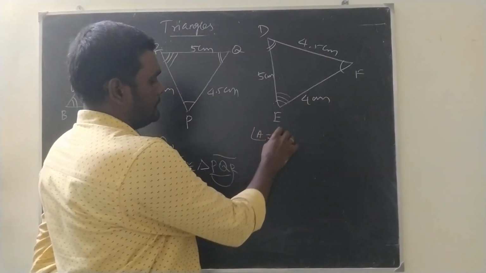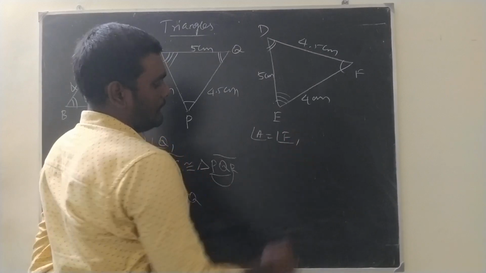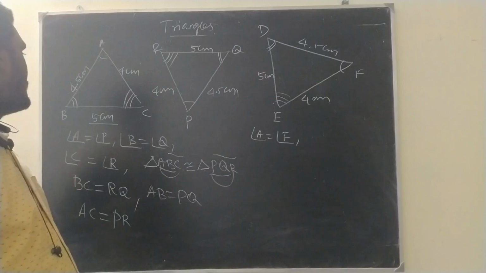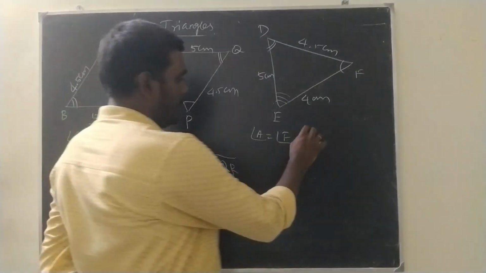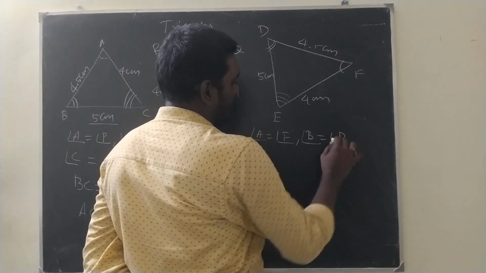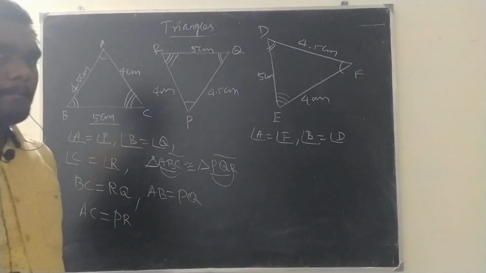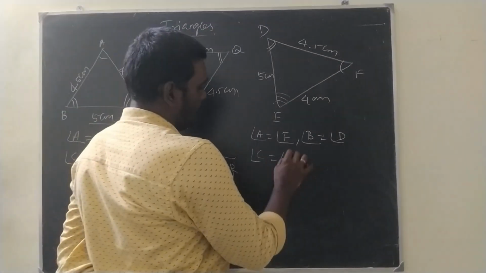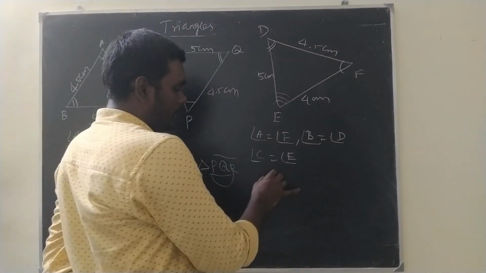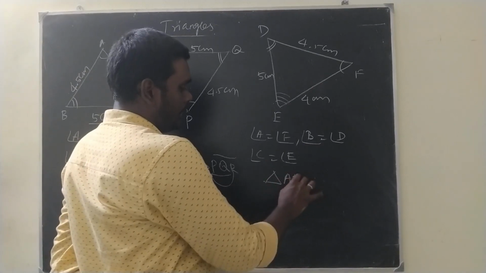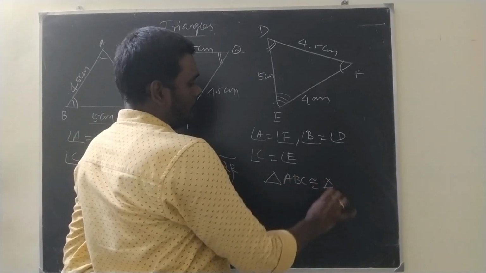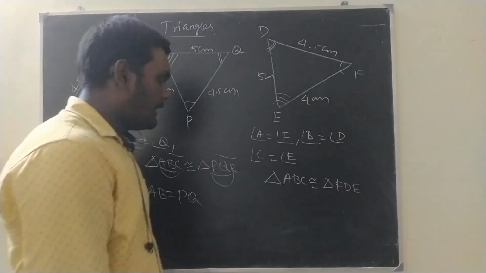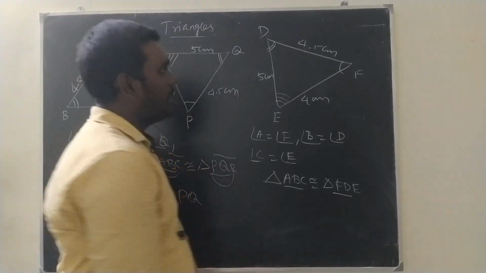Angle A, okay, then angle B is equal to angle D, angle C is equal to angle E. So we can define our congruency relation that triangle ABC is congruent to triangle FDE, and in the other steps we will check AB is equal to FD or not.